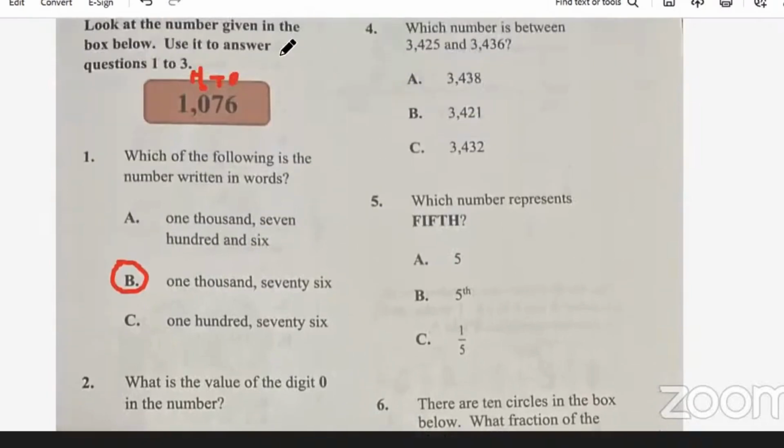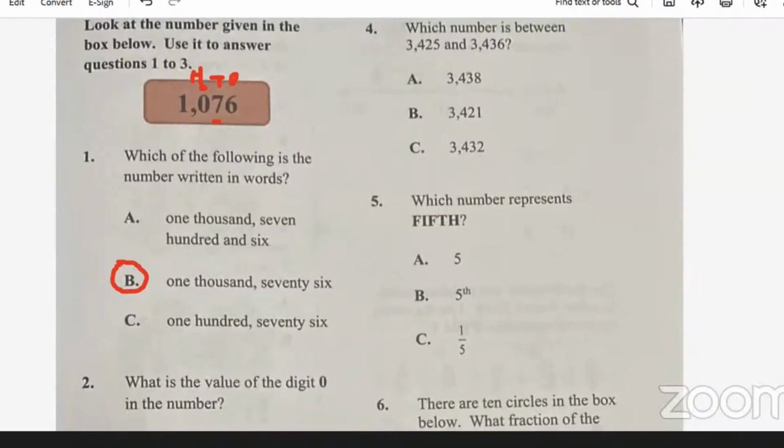The digit in the tens place is a 7. Just a quick reminder, when we are rounding off, we look at the number to the right, which is 6. If it's 5 or more, we add 1 to the digit in the rounding place. So if we add 1 to 7, it becomes 8. And of course, the 6 changes to 0.